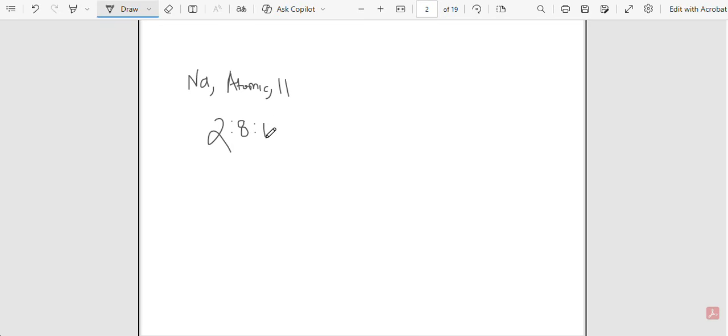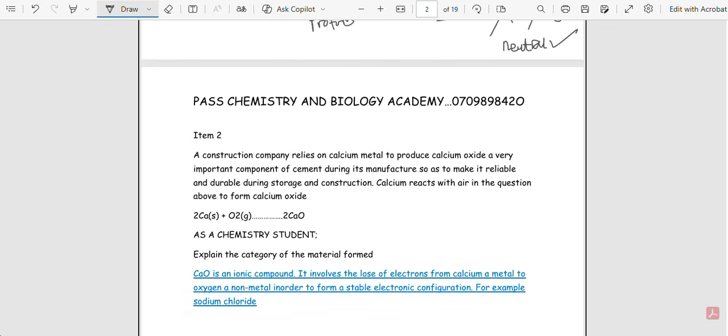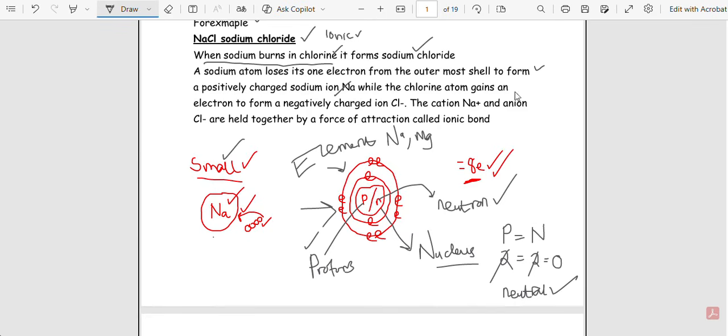The first shell has a maximum of 2, the next has a maximum of 8. Since this sodium is 11, we shall add a 1 to make it 11. So that is the first step. They are telling us this sodium loses its one electron in the outermost shell. Let's go and read and see the other thing they are telling us.